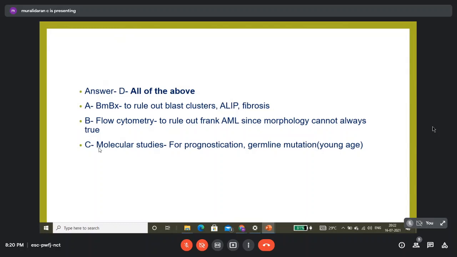You have to keep that in mind. Morphology will sometimes be very tricky. Sometimes you can miss. You will say the blast count is only 8%, but if you do a flow, it will come around 35%.